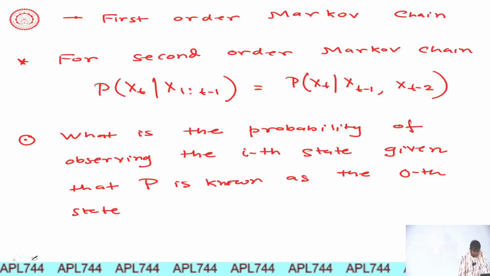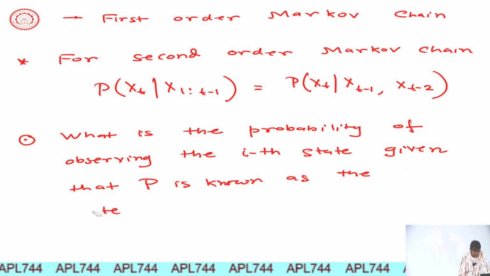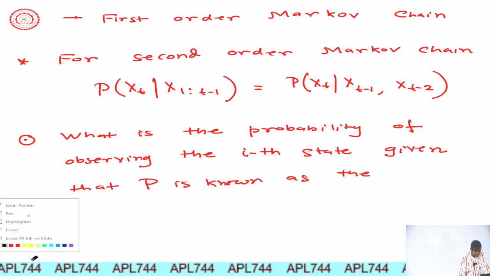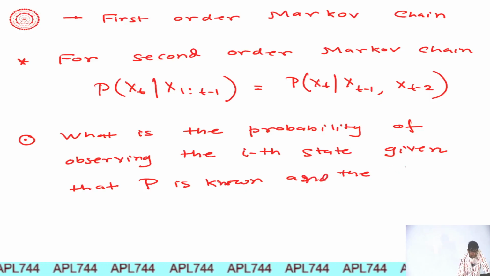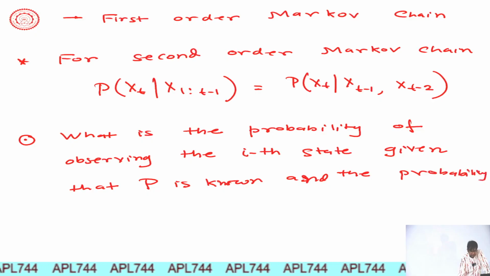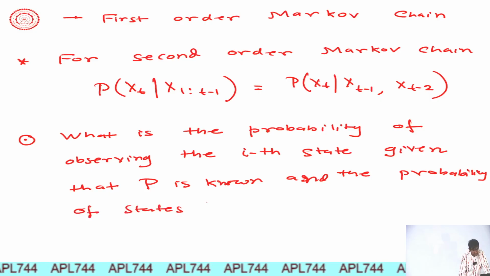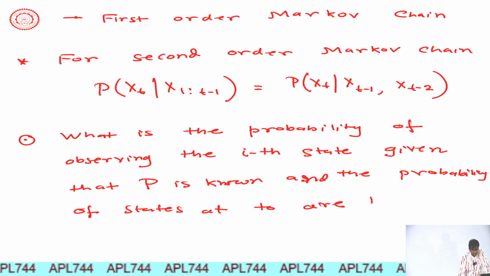Sorry, not 0th state, sorry, and the state probability of state at 0th time instant given is known, and the probability of states at t naught are known.